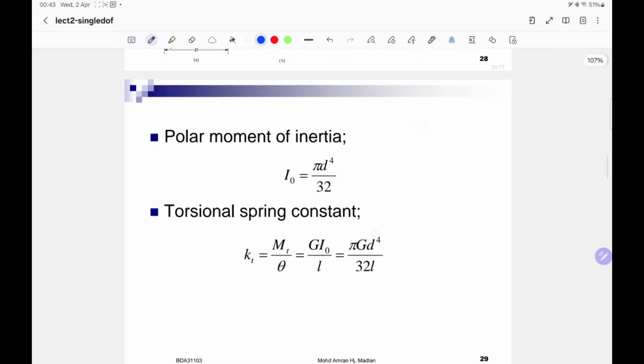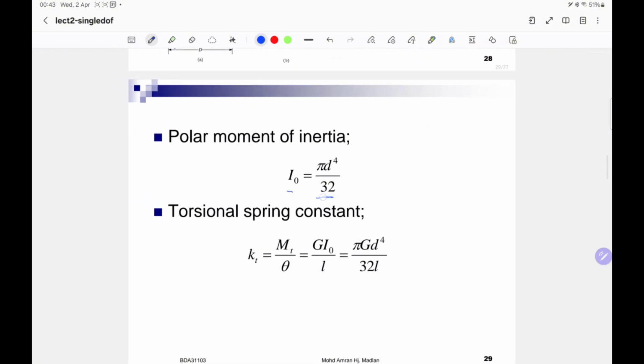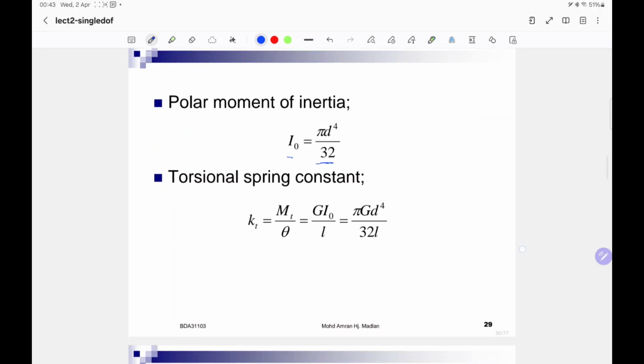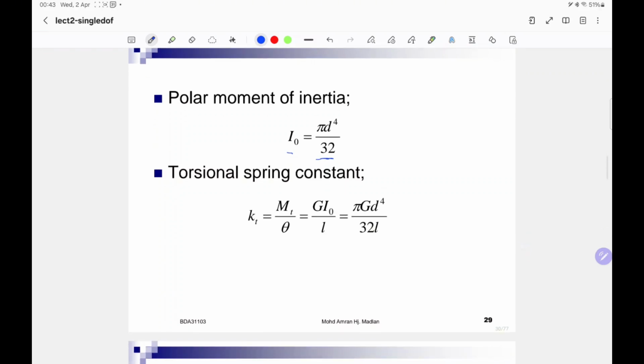For polar moment of inertia, we can also use this equation: I naught equals pi d to the power of 4 over 32, and the torsional spring constant. Sometimes the question doesn't give kt directly. Sometimes it gives you the value of G, the value of I, and the value of L, the length, so you can find the torsional spring constant.